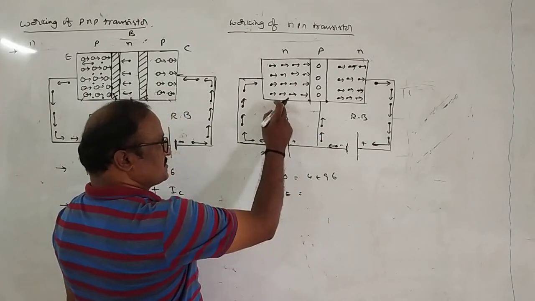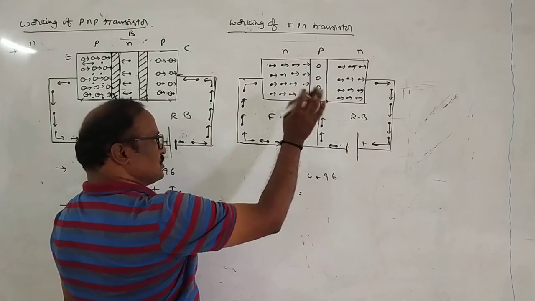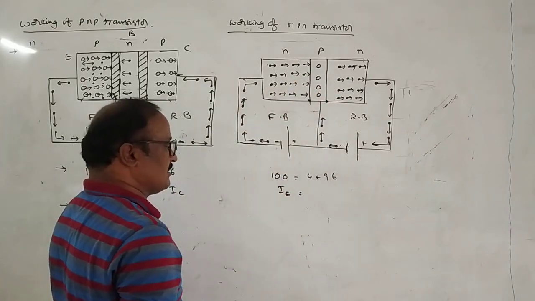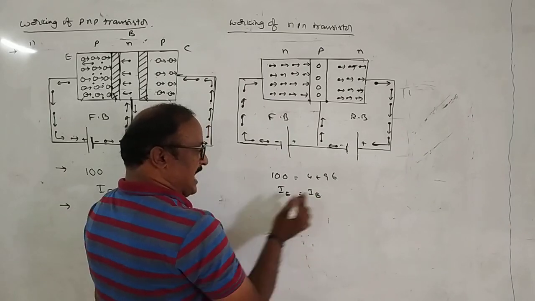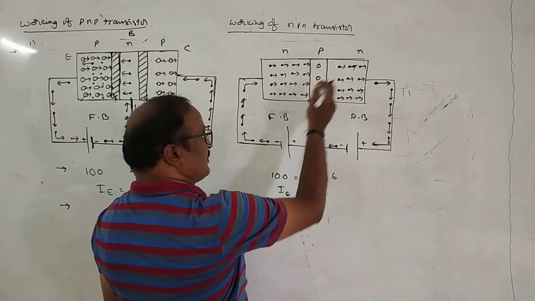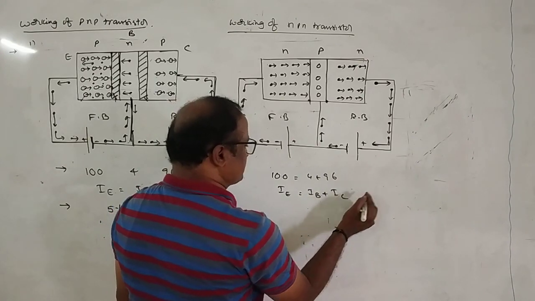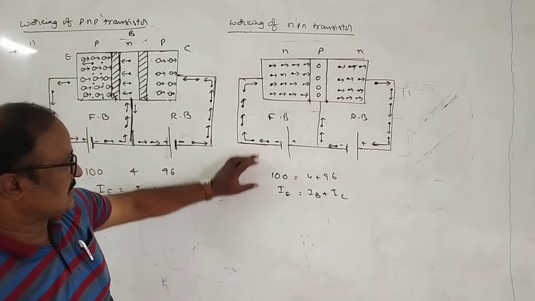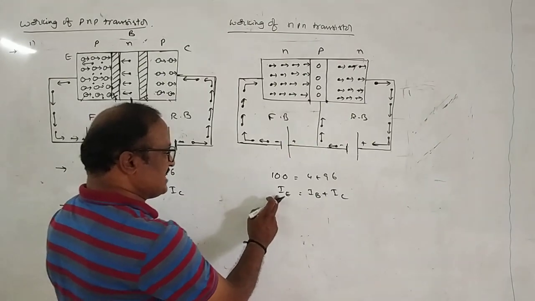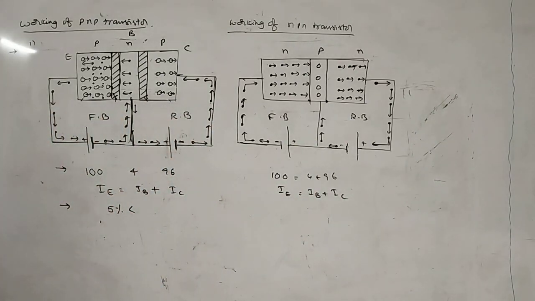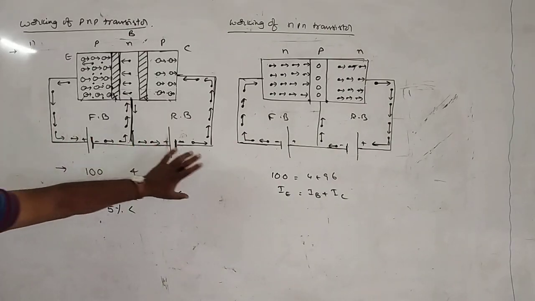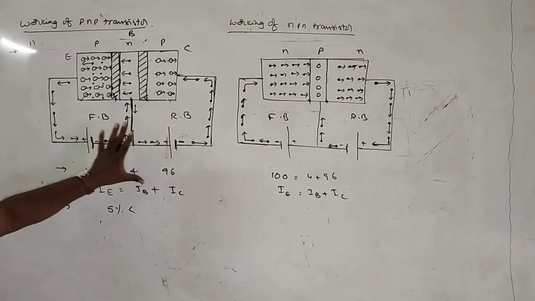The 4 electrons recombined with the positive charge holes in the base region constitute the base current, which is equal to IB. And the 96 electrons that enter into the collector region are responsible for the collector current. That means IE is equal to IB plus IC. Right? These are the working principles of NPN and PNP transistors.